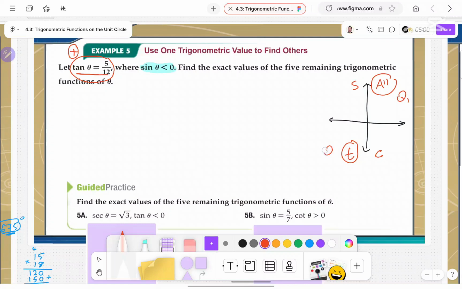So which one should I pick, quadrant 1 or quadrant 3? When you're deciding, the question will give you two options, and then it will give you more information, and this information will give you the final answer, which means it will decide which quadrant you pick.